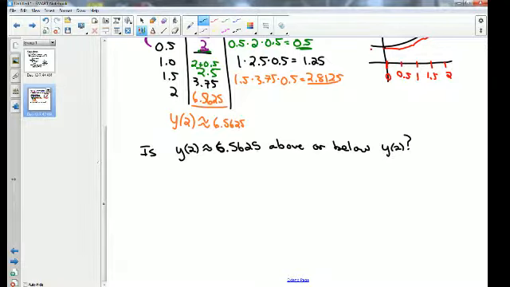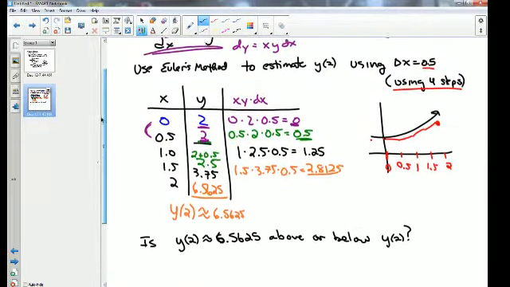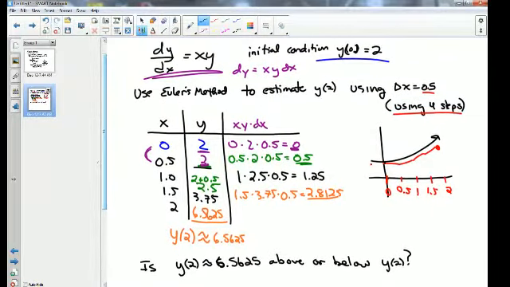Same question as before. Same deal. Is y concave up or concave down? That's the question. How would we determine that?